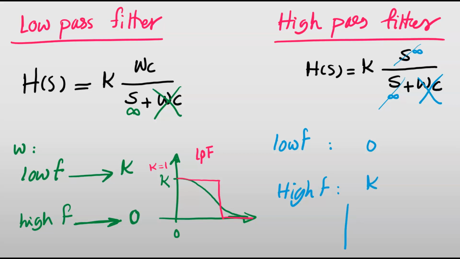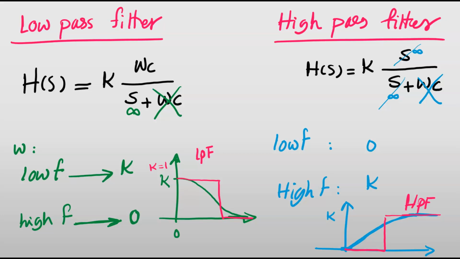So let's look at its frequency response plot this time. This time I'm having 0 magnitude for lower frequency and a magnitude equal to K for higher frequency. So this time I have a frequency response plot like this, and again this can be considered as a high pass filter because it has similar behavior to a high pass filter.